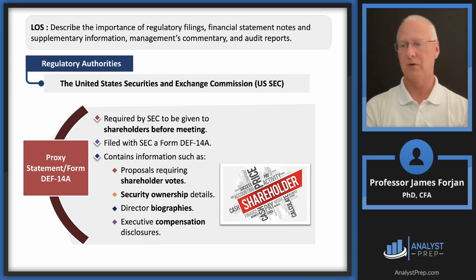And so the proxy statement reads something like this: Dear Mr. or Mrs. Shareholder, you are cordially invited to attend our annual meeting. Here, our headquarters are in this particular city. We're going to have the meeting on this particular date. We'll do it at this particular hotel or wherever it is. And by the way, this is the stuff we're going to do during that annual meeting.